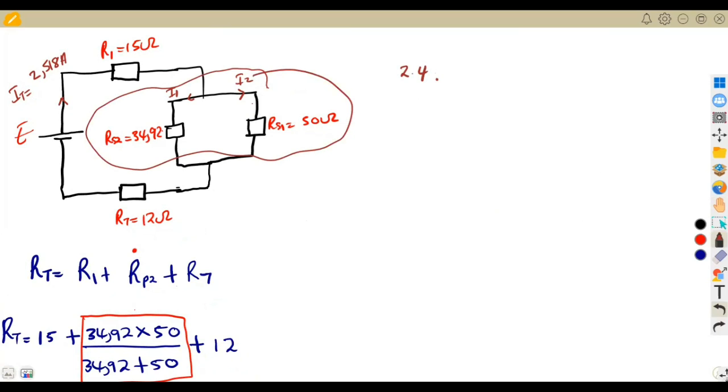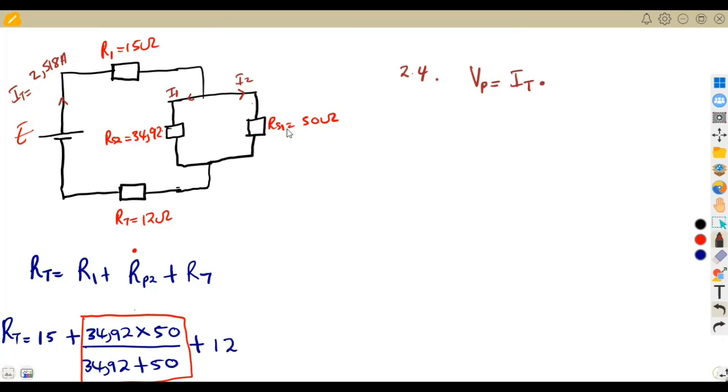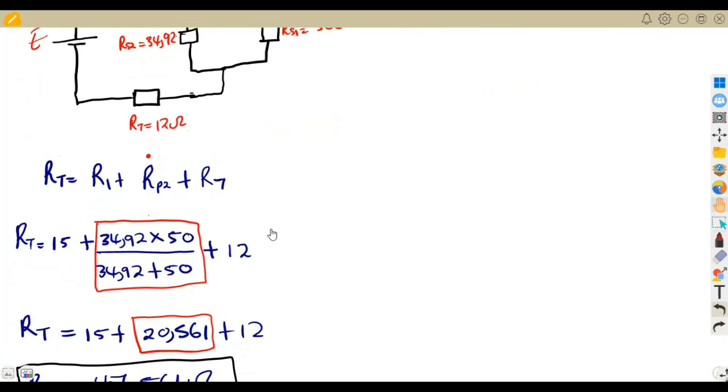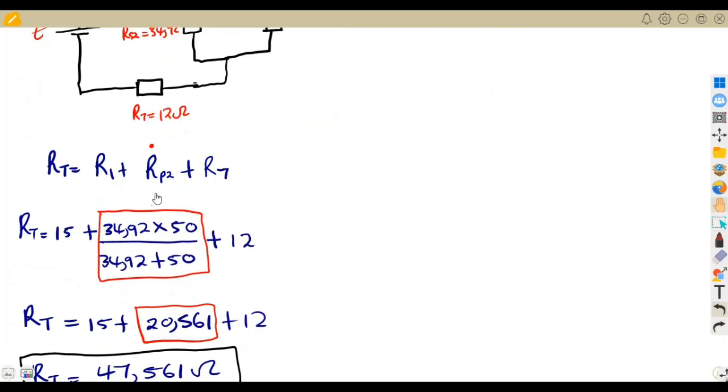It is going to be given as the parallel voltage, which is the total current multiplied by the total resistance of this parallel combination, which was our RP2, the one that we calculated here.